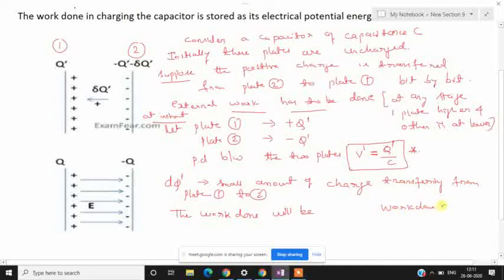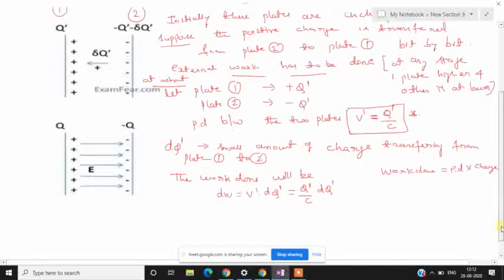Work done is nothing but potential difference into charge. And I already know the potential difference, that is V dash. So that small work done, dW, will be V dash times dq dash. V dash we already know, you can substitute: q dash by C, and dq dash. That is the small work done to transfer that small charge from one plate to another.